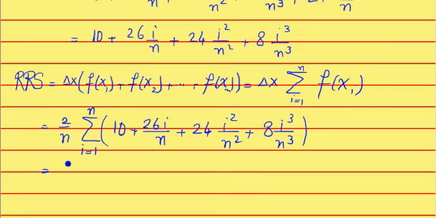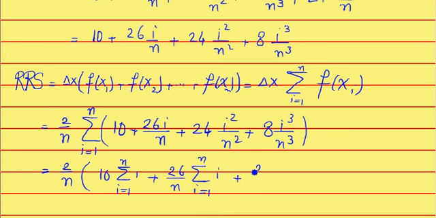How do we proceed? This is 2 over n. I'm going to split my summation. Here, the first one, I'm adding up lots of tens from 1 to n. So I write 10 times the sum of 1, i starting from 1 through n. Next one, 26 and n are fixed. i is the number ranging from 1 through n, so I just write 26 over n, sum of i ranging from 1 through n.